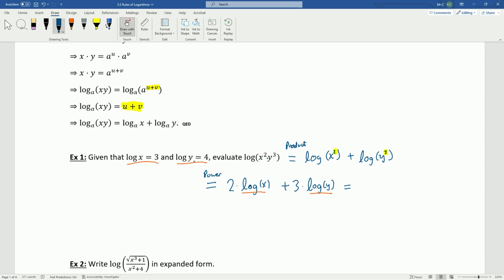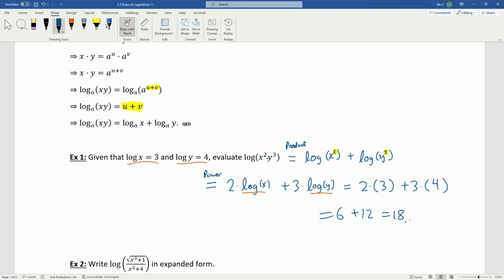I want to be really clear, we have no idea what y is, but that doesn't matter because we know what the whole expression is. So this is 2 times, and when we replace log of x with 3, it's 2 times 3 plus 3 times, and we replace log of y with 4. So this is 6 plus 12, which is 18.